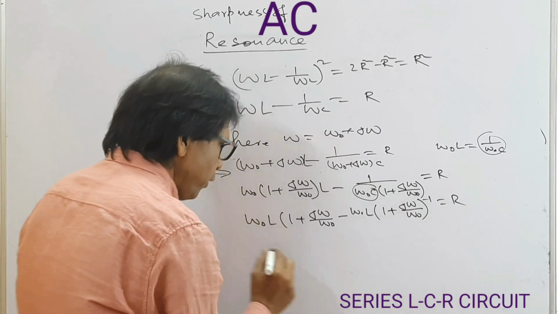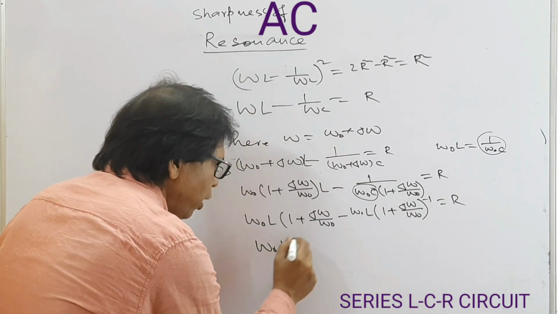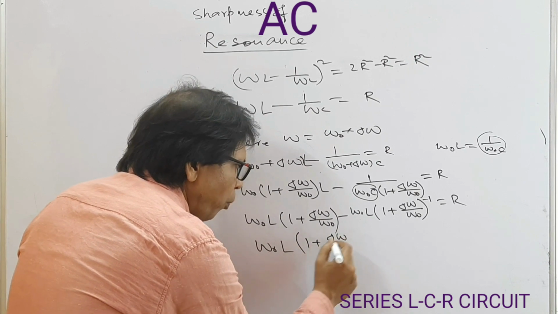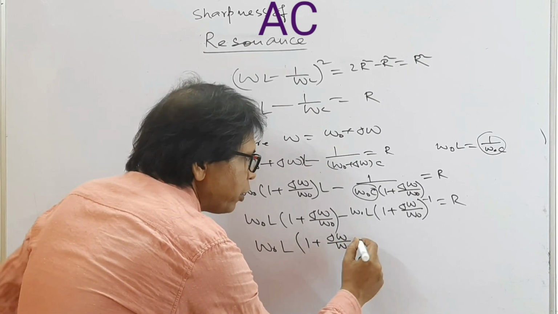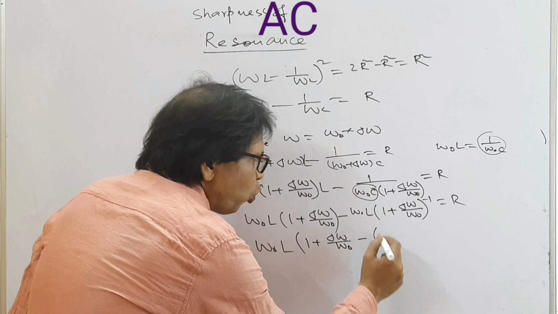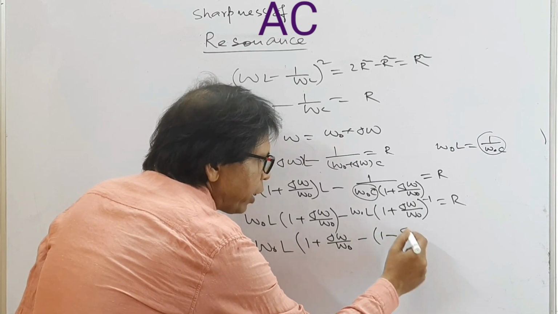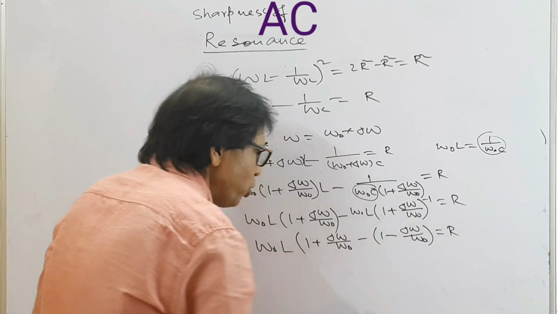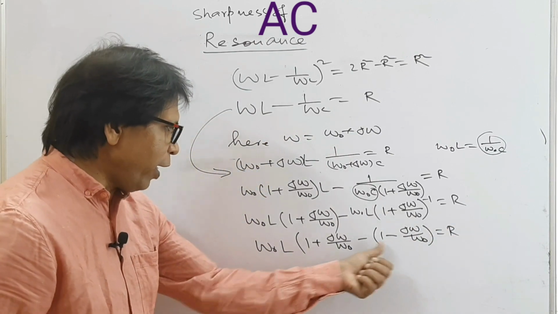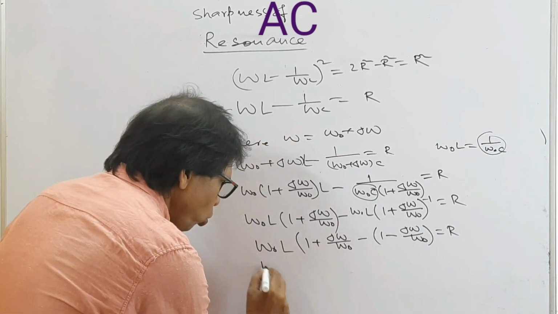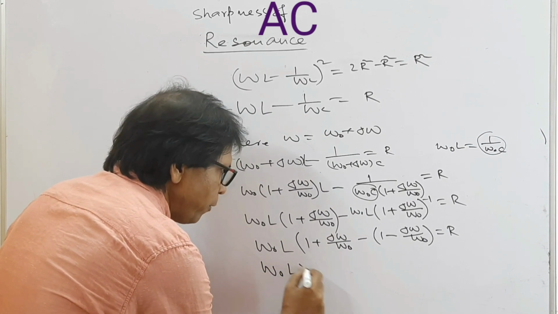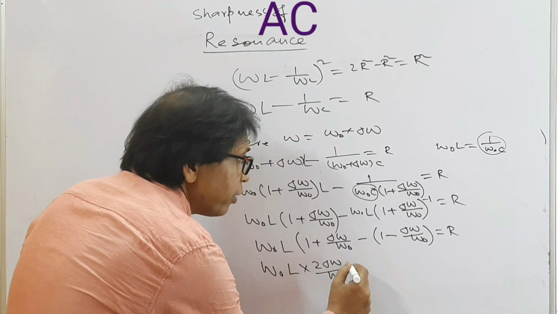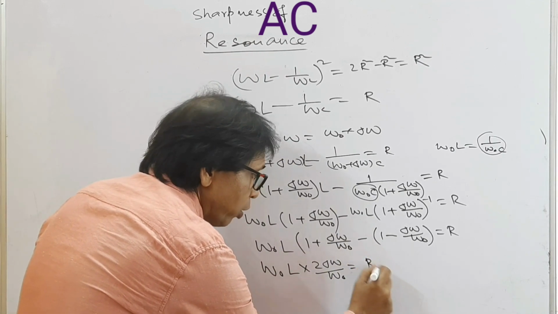This equals R. Now omega naught L times (1 plus delta omega by omega naught minus 1 plus delta omega by omega naught) equal to R. Here 1 and this 1 cancel out. So omega naught L into 2 delta omega by omega naught equal to R.